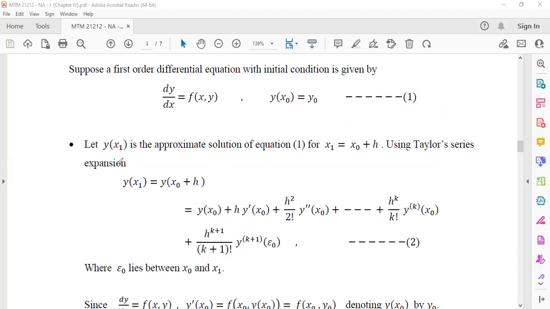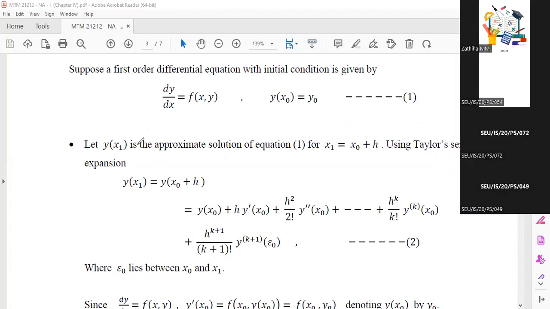Now for y of x1, the next point after x naught, we can say x1 is equal to x naught plus h. The h is the difference between the points.